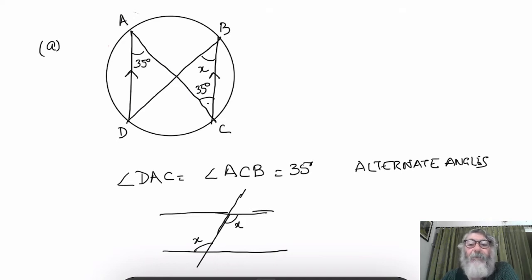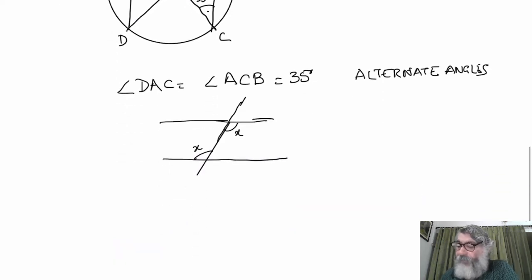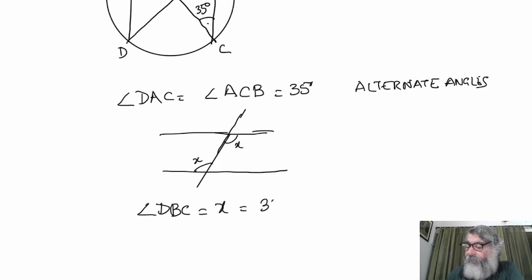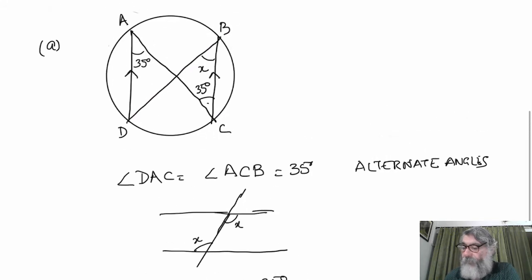This will become 35, and if it becomes 35, then it becomes very simple for us. We have to calculate angle DBC. Angle DBC will be equal to X, will be equal to 35 degrees, will be equal to DAC.